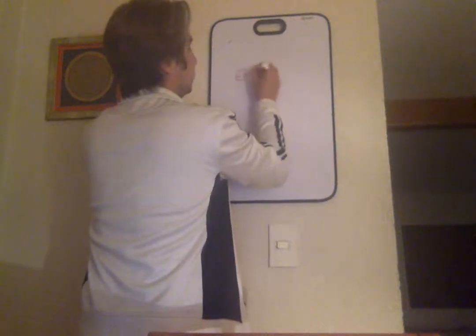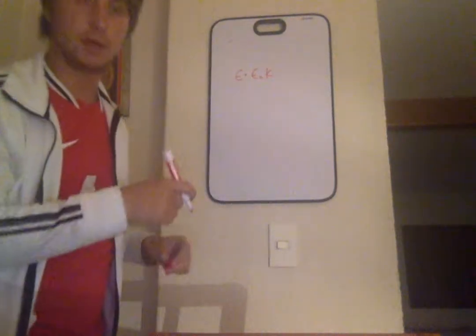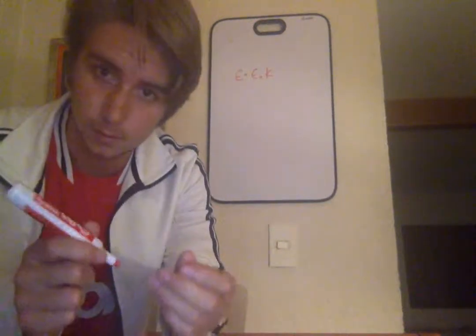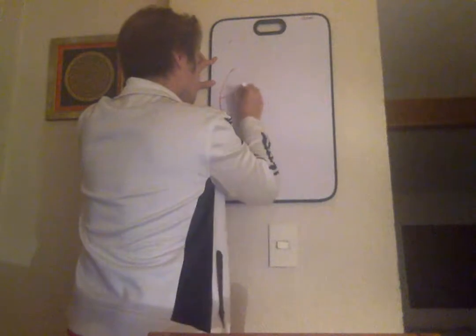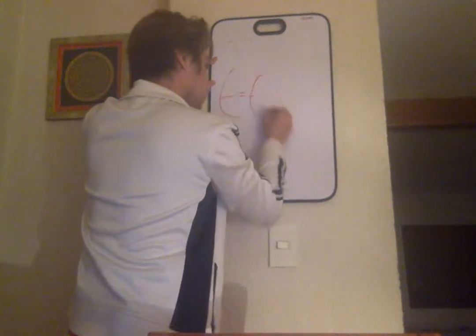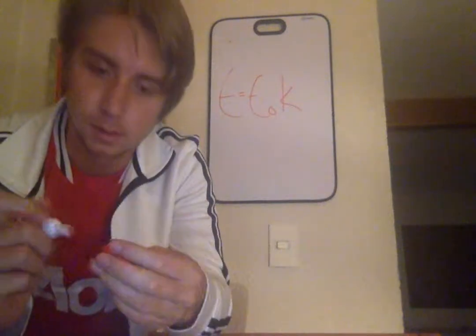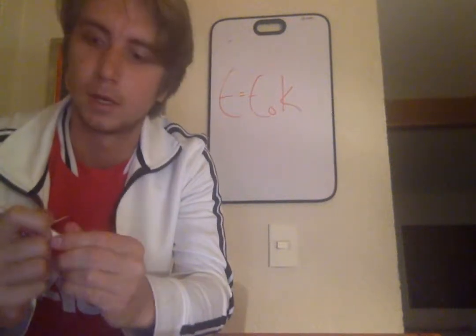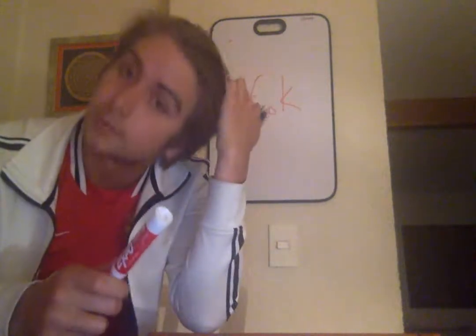Dielectric permittivity is epsilon naught times K, and K, I'll write it bigger. In this case, K is the dielectric constant of each material.